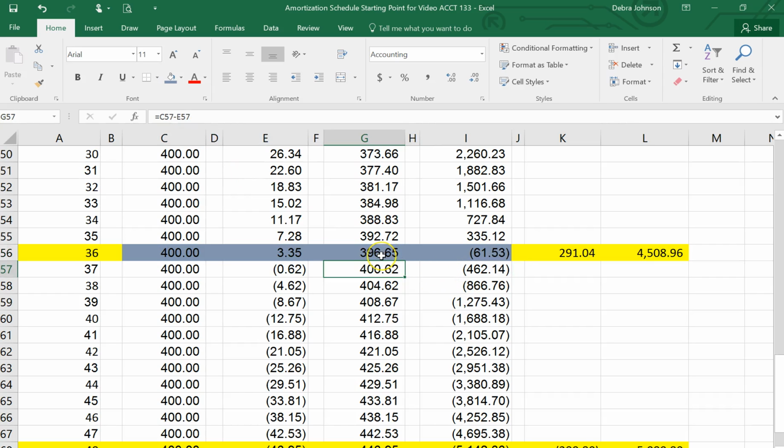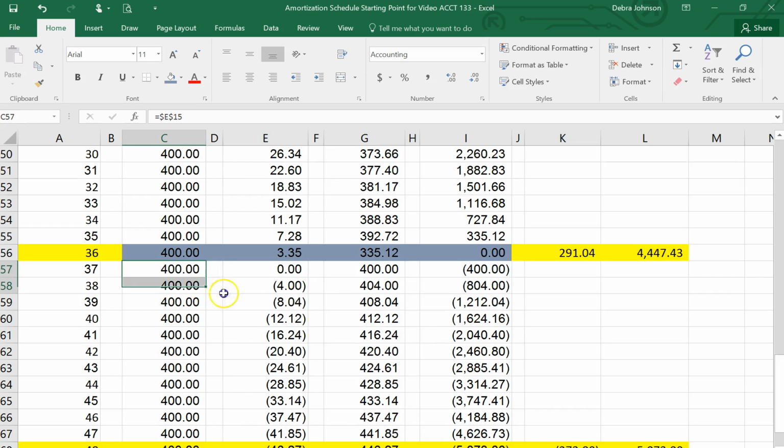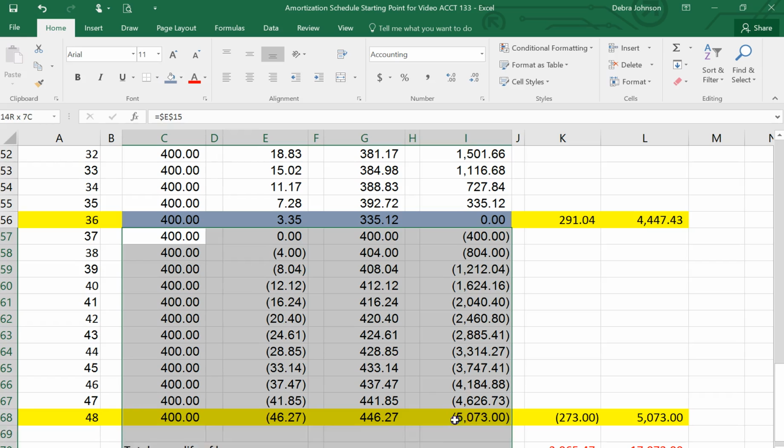And obviously you're not going to pay the bank any more than you have to. So on the line where the payment went negative, I'm going to change the last principal payment to match the loan balance here, which is $335.12. After that, I'm going to cut out the rest of this loan because it would not be required.